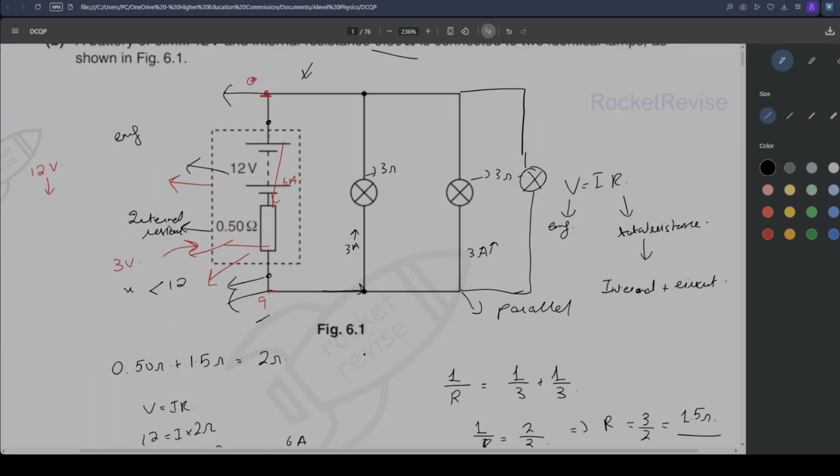For that we need to see what happens to the overall resistance of the circuit. Why? Because the terminal voltage depends on the amount of current flowing through the battery. The internal resistance is not changing. V is equal to IR.